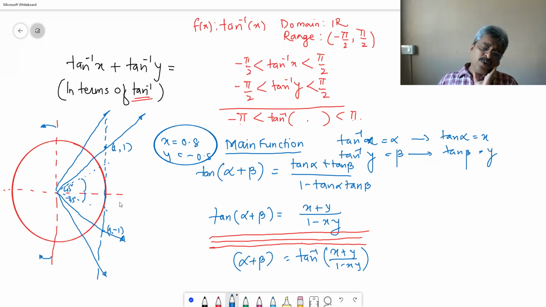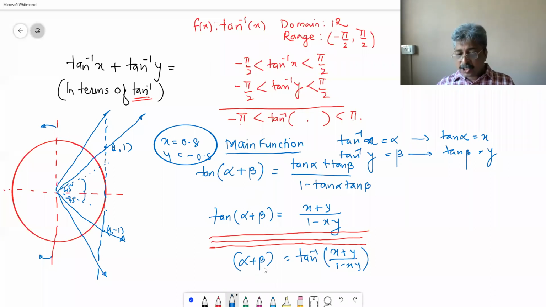So, how do I really find out by looking at x and y whether it is a safe case or not? And the answer is given by this identity. Okay, and for that, before really considering the safe case or a couple of special cases, we need to consider a very special case when the summation of the two angles becomes pi by 2.